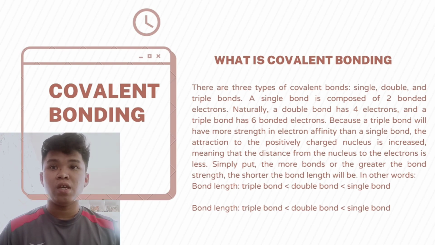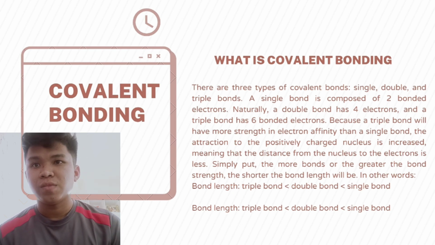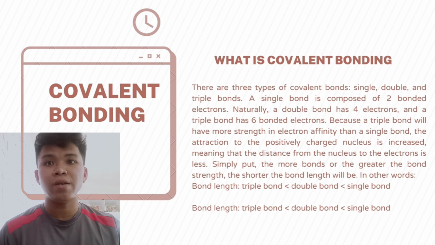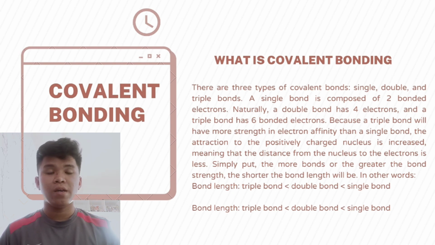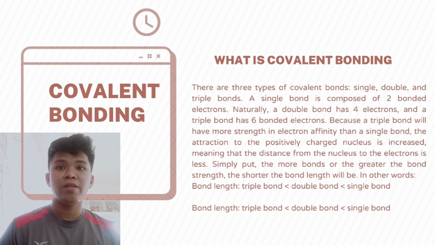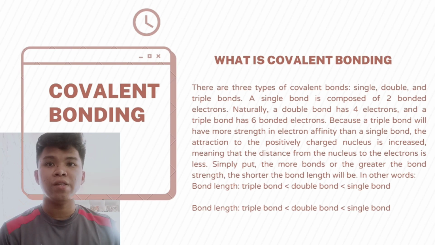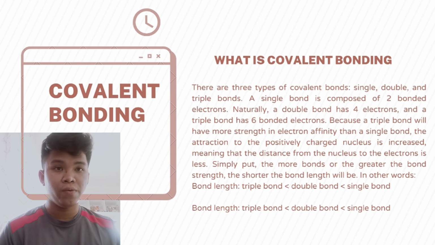Simply put, the more bonds or the greater the bond strength, the shorter the bond length will be. In other words, the bond length of a triple bond is less than a double bond, and a double bond is less than a single bond.